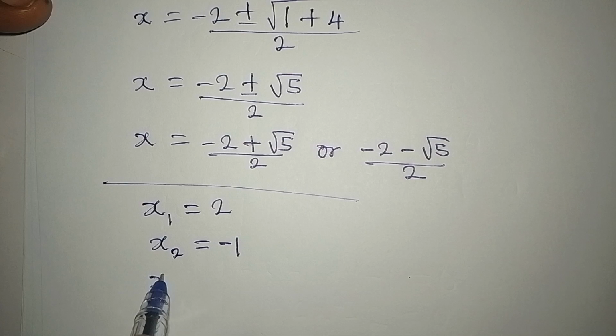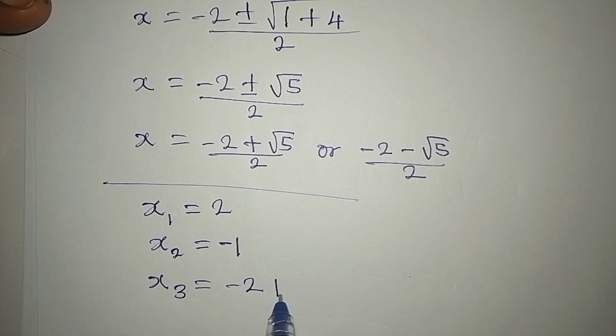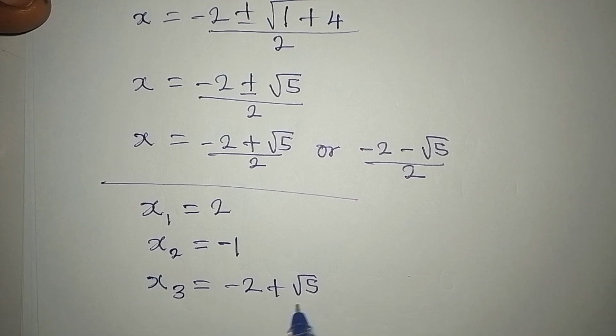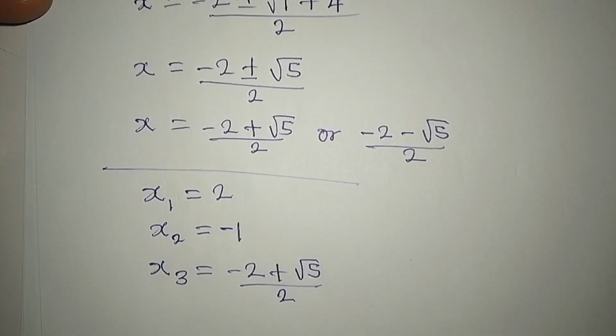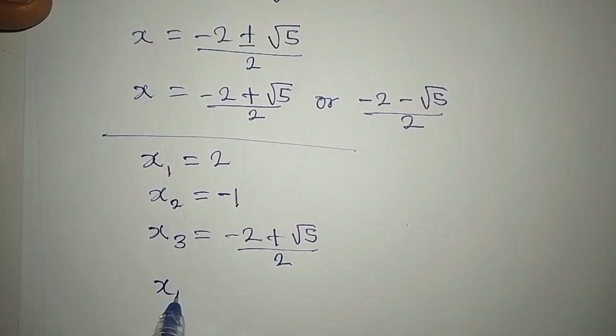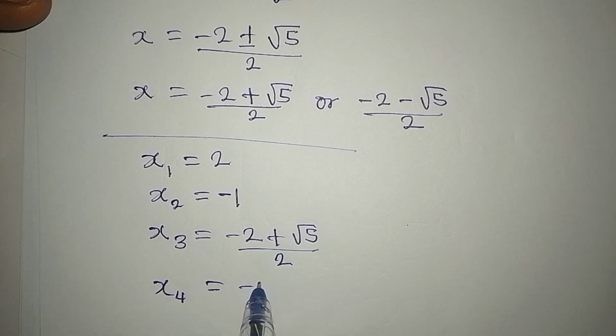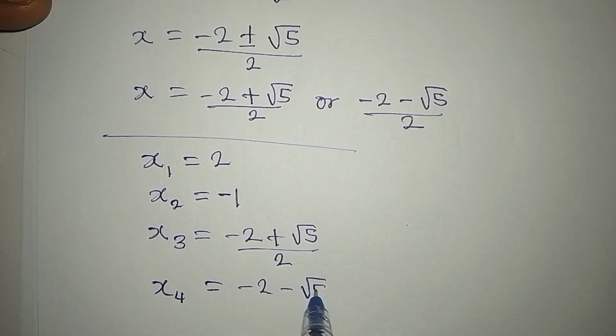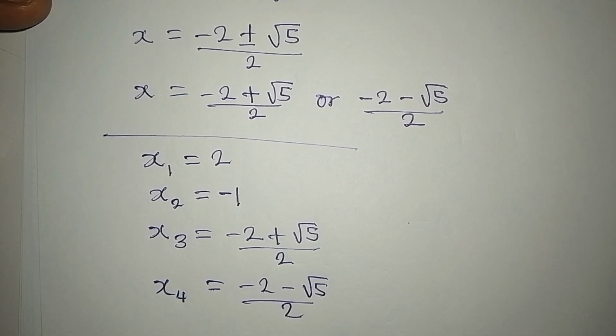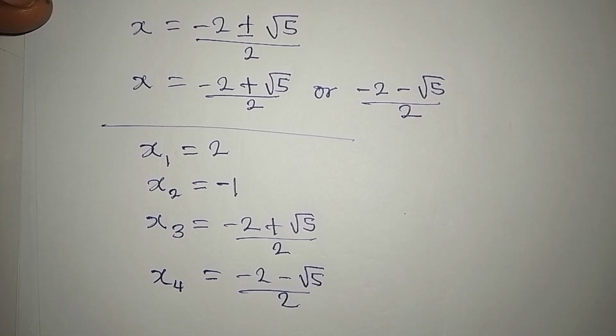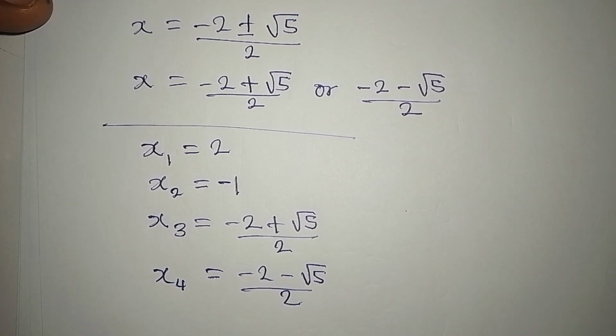Let's call the first x3, and that is minus 1 plus square root of 5 over 2. And then our x4 is equal to minus 1 minus square root of 5 over 2. So from here we have the 4 solutions to the equation.